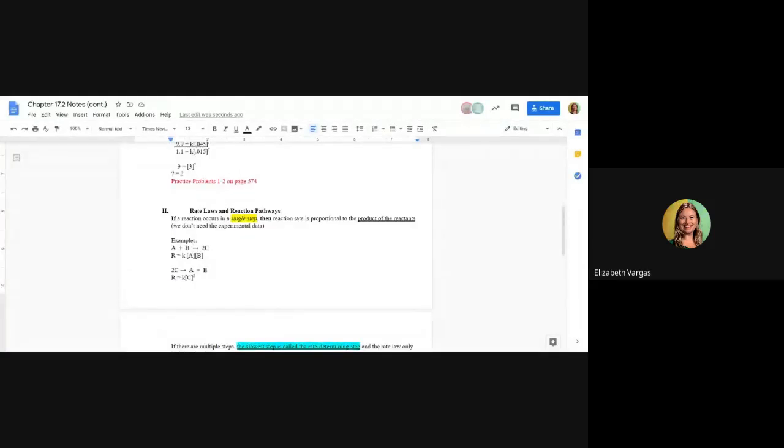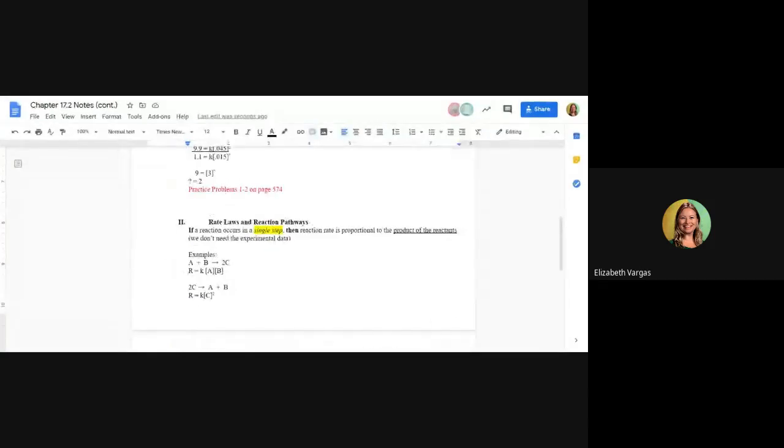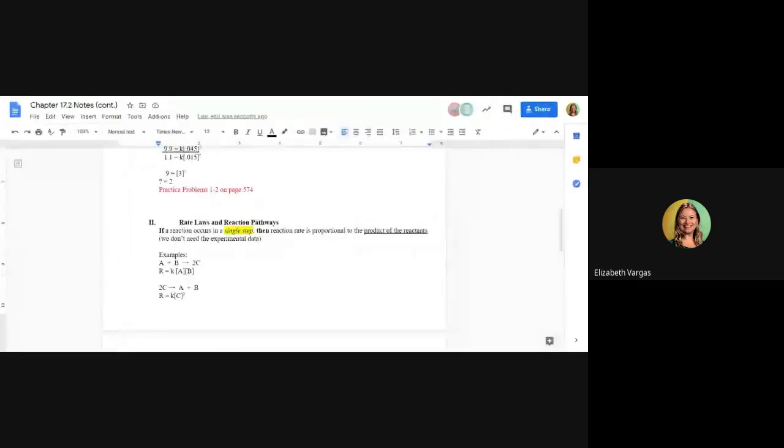there are 2 red flag scenarios that actually make our lives really, really easy, and we don't need the chart. If it happens in a single step, like A bumps into B and bam, it forms C, there's no mechanism, there's no steps, it just happens instantaneously, then we can take the coefficient and make those the exponent.